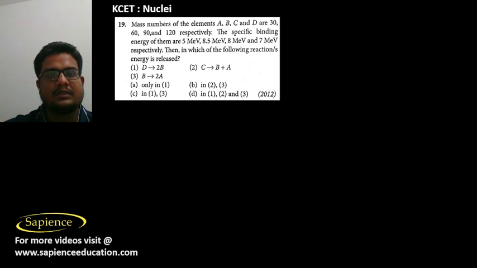So D is less stable than B. So here energy will be released, since D is less stable. And C is going to B plus A.